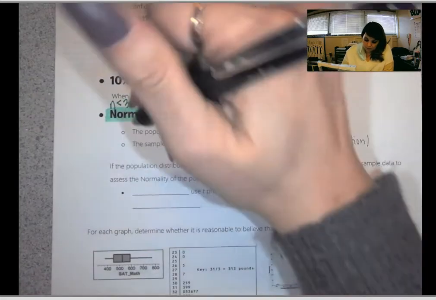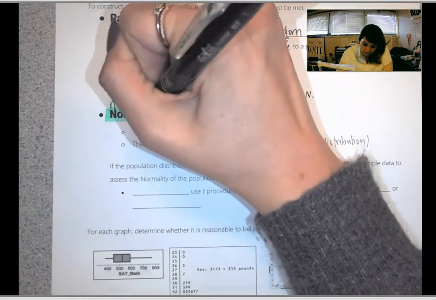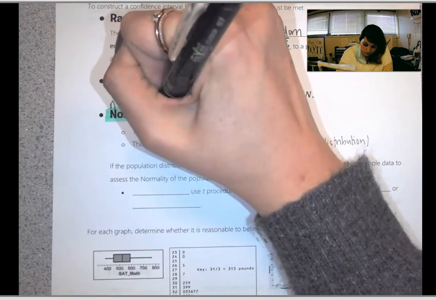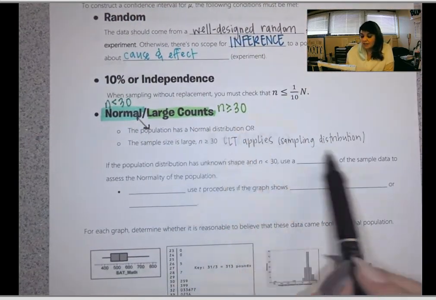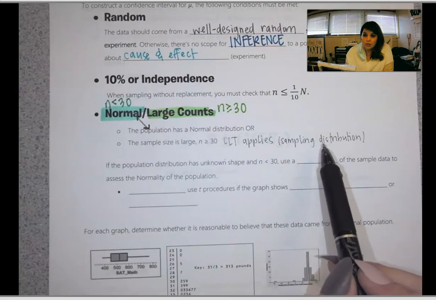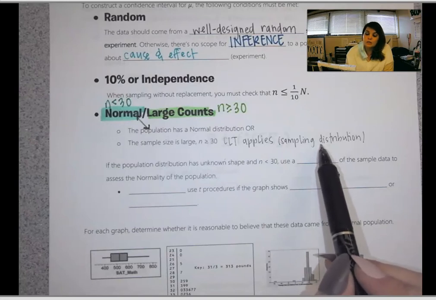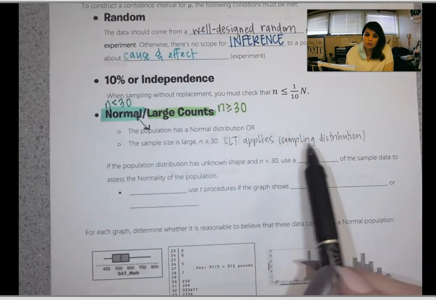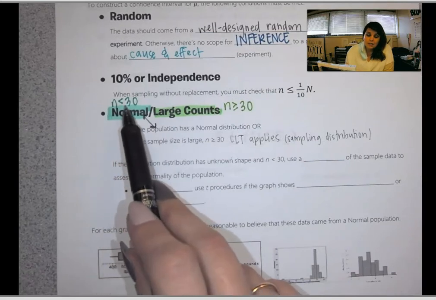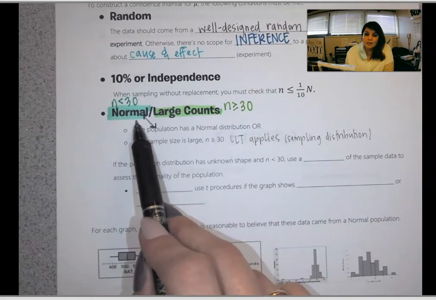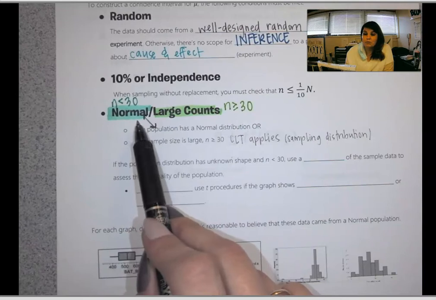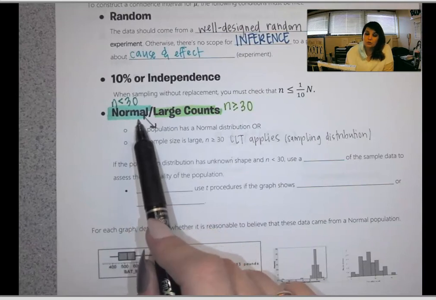I'm going to make a little arrow connecting these two. CLT tells us our sampling distribution is normal, and that allows us to make a confidence interval. If our sample size is less than 30, we need to verify that the population has a normal distribution.